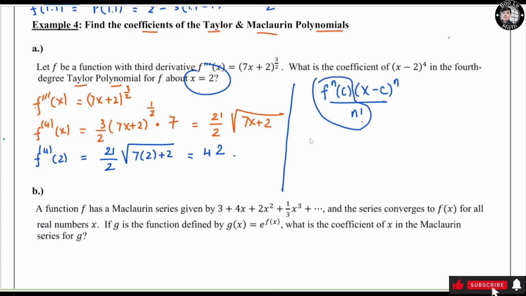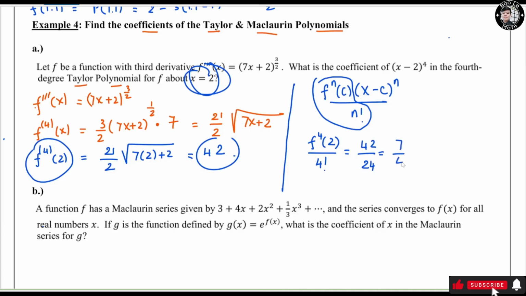So we have f4 of c over 4 factorial. f4 of 2 is going to be 42 right here. So 42 divided by 4 factorial, which is 24. We're going to divide the top and bottom by 6, so it's 7 over 4.